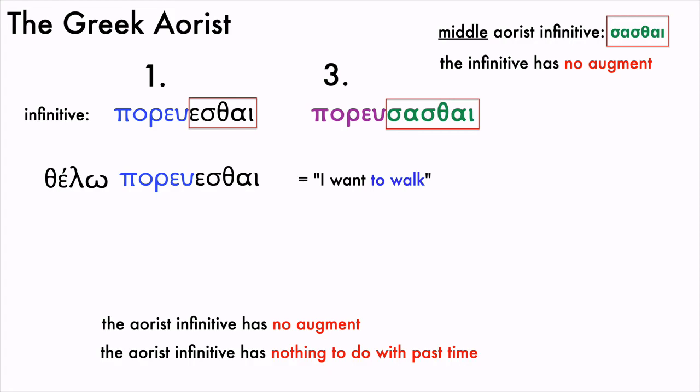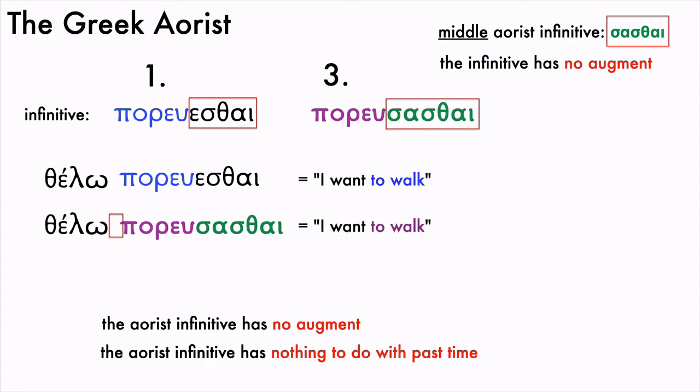I want to walk. Now let's do it in the aorist. Thelo porusasthai. We've just dropped in our aorist infinitive, and we know the aorist infinitive doesn't have an augment, and has nothing to do with past time, which means our translation is going to appear identical in English. I want to walk.